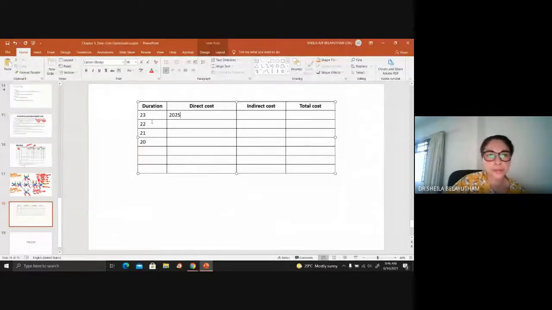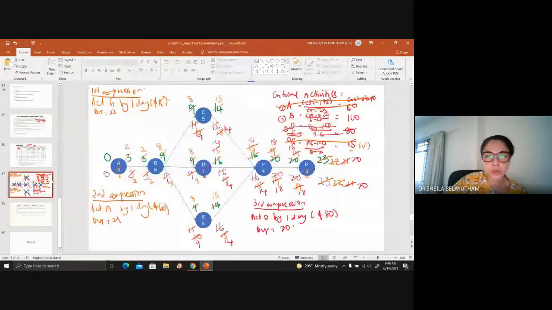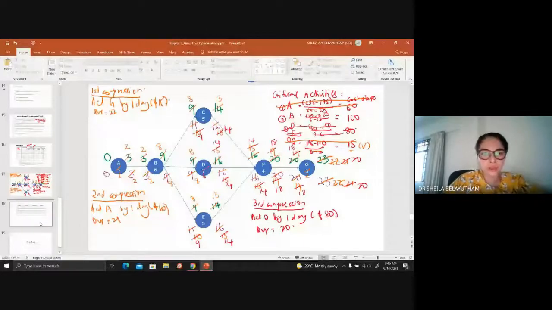And then when we come to 22, we add this compression. So we reduce activity G by 1 day and the additional cost is 15 ringgit. So for 22 will be 2025 plus 15.